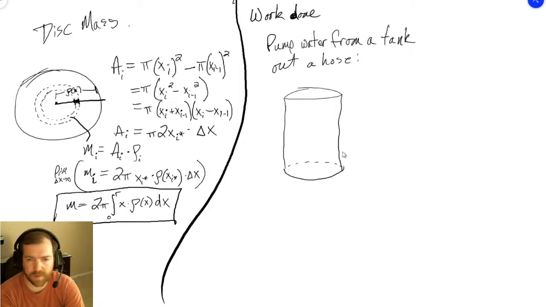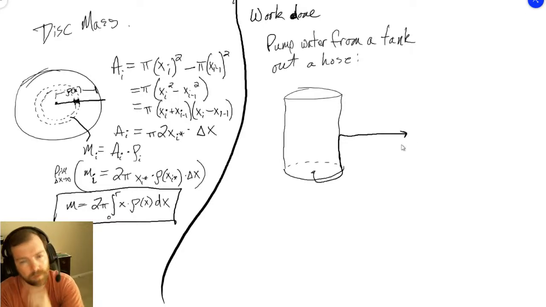Most of the time we'd say, okay, you're going to get some sort of hose which takes the water from the bottom, runs it along the side, and exits out at, say, ground level.